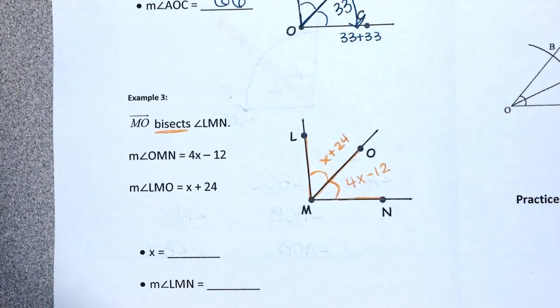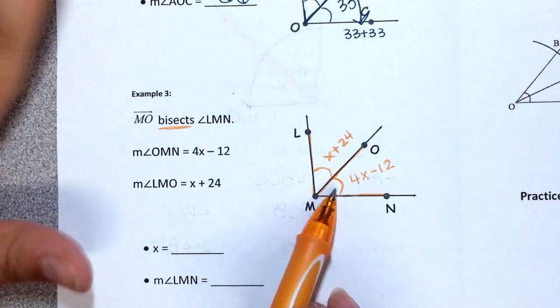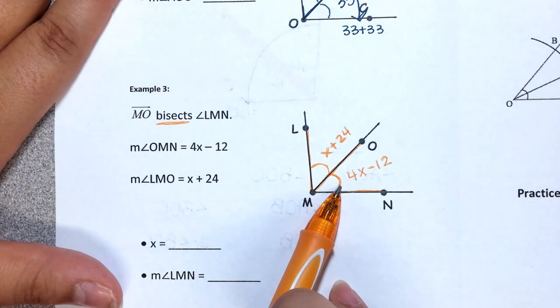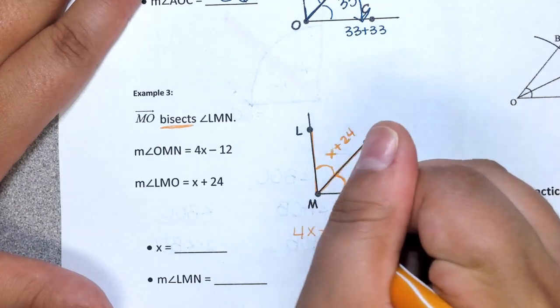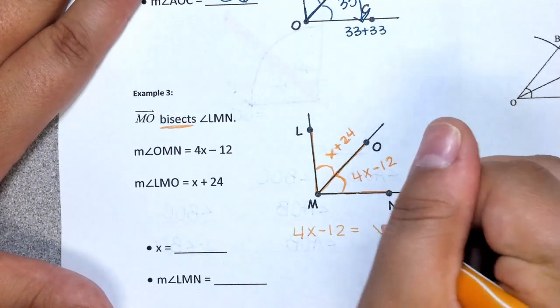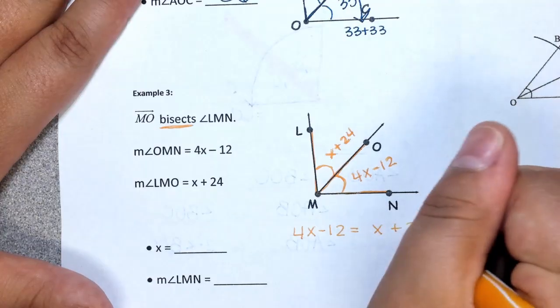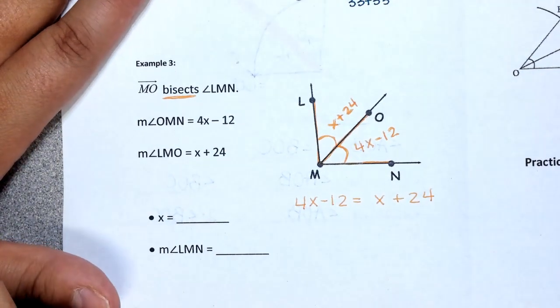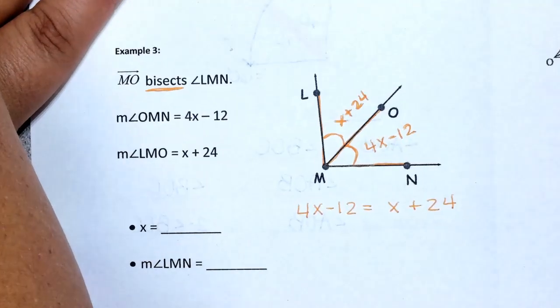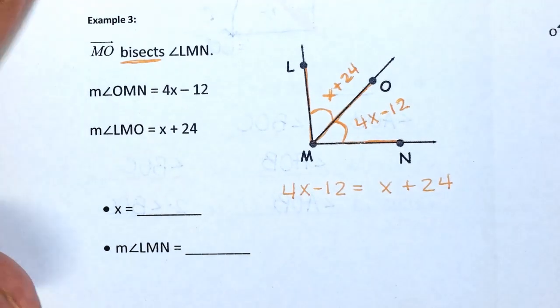Well, what do I know about these? They're equal. Do you agree we put arches? They're the same. So what can I do? I can set up an equation equal to each other. 4x minus 12 equals x plus 24. If your equation is backwards, like if you put x plus 24 equals 4x minus 12, it's the same thing.